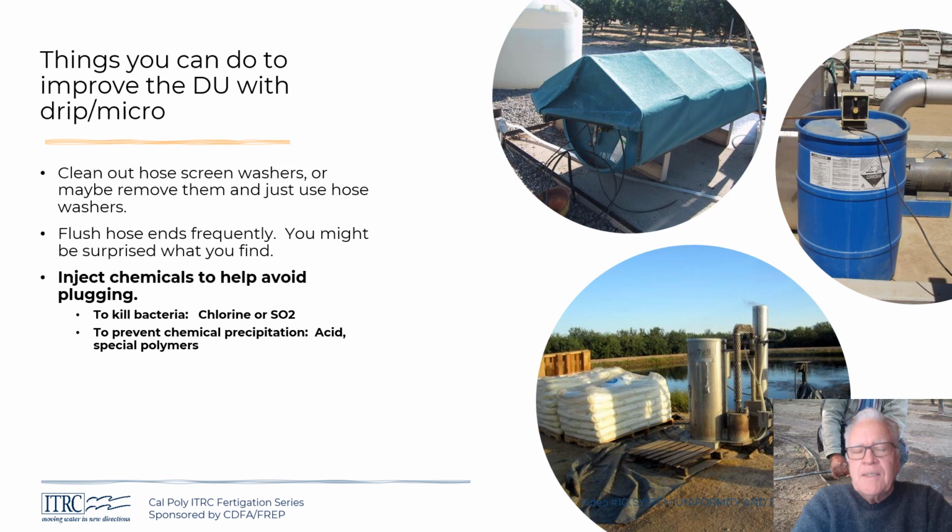There's a little cover over a large chlorine tank. It's automatic. The irrigation system comes on, it starts to put in chlorine. And that type of system puts in a continuous rate. The blue tank on the upper right with a small injector is typical of polymers that people will put in.